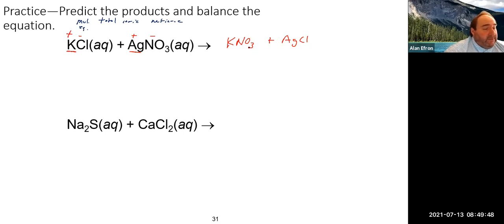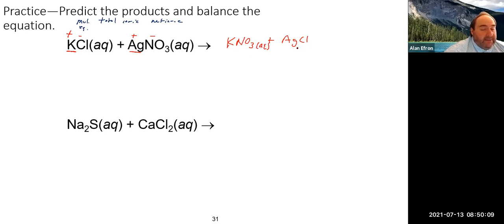We also could use our solubility rules to help us determine if we have any type of precipitate happening here. We see potassium nitrate, again, as we've been talking about, as soon as you see potassium, soluble in everything, so pretty much can just write the aqueous symbol next to it. Silver chloride, we've seen this guy a couple places.